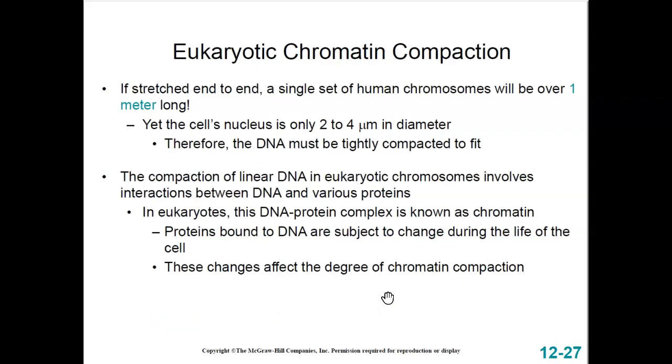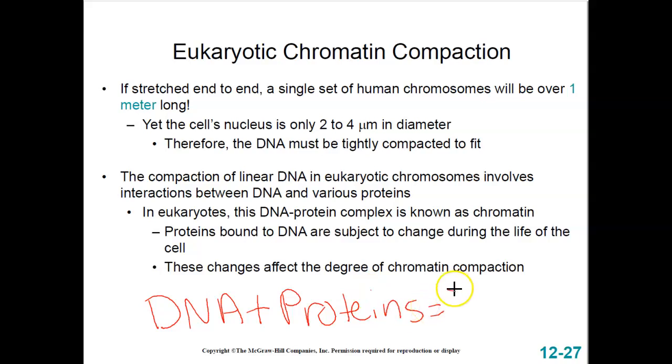So let's look at chromatin compaction in eukaryotes, all right? We looked at chromatin compaction or chromosome compaction in bacteria. Remember the little flower shape and DNA supercoiling? Well, chromatin in eukaryotes still goes back to, remember, DNA plus its associated proteins.